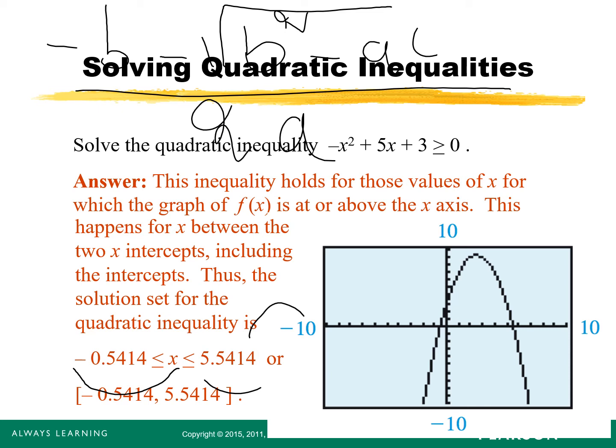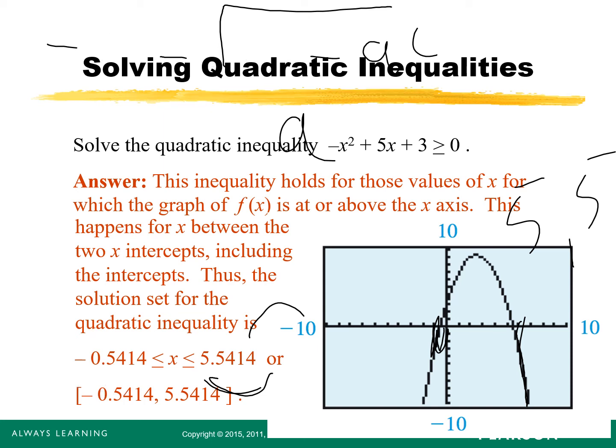So this is what we mean that x is between minus 0.5 and 5.5. And here is how we can solve our inequality. This is our point, minus 0.5, and this is our second point, which is 5.5. Here we solved our inequality using the roots.